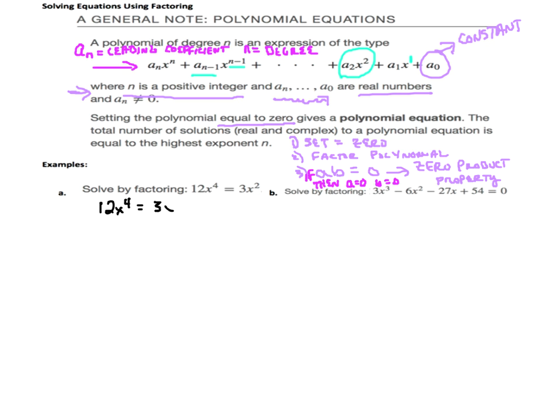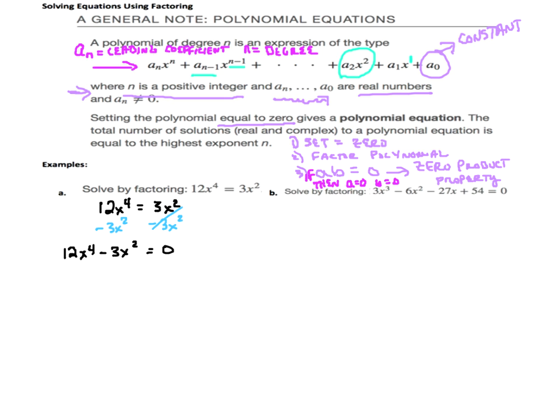We have 12x to the 4th equals 3x squared. My first task is to get this equal to 0. So I am going to subtract 3x squared off of both sides. And that leaves me with 12x to the 4th minus 3x squared equals 0. Now, my second step, factor the polynomial.